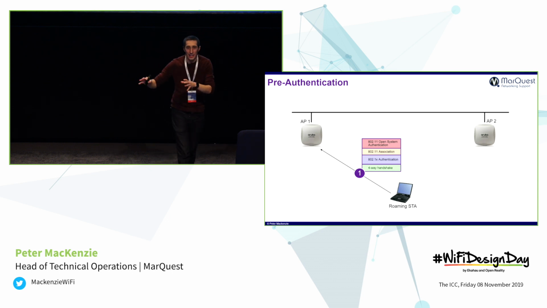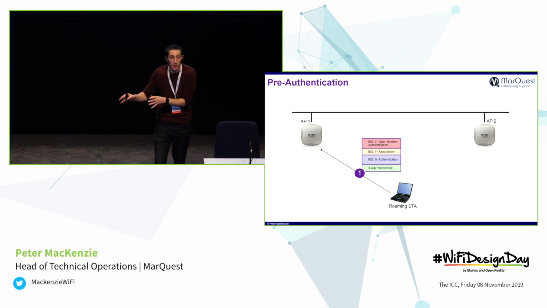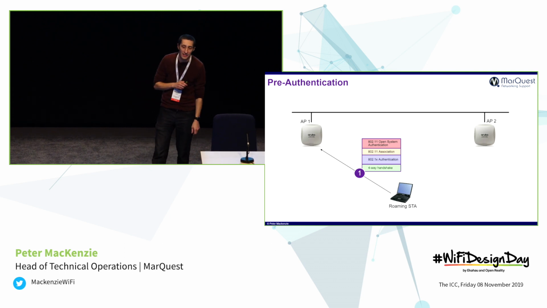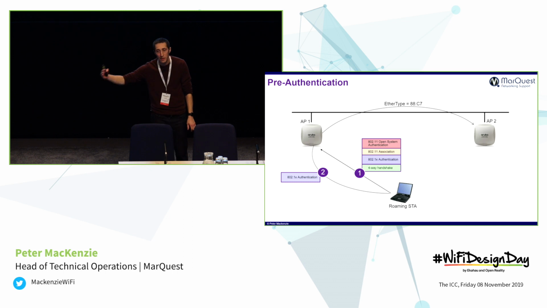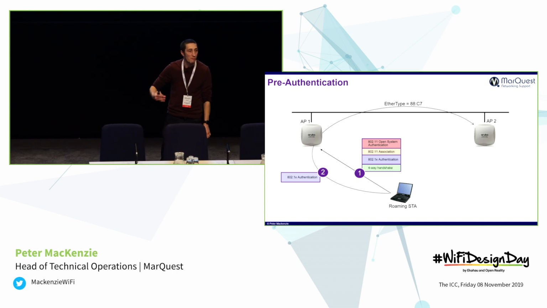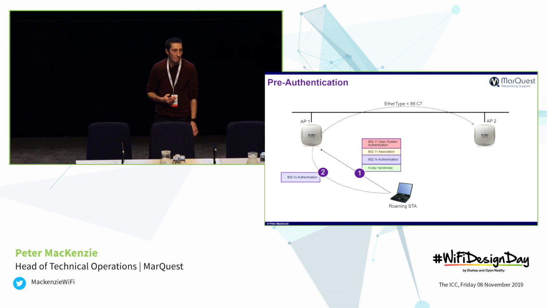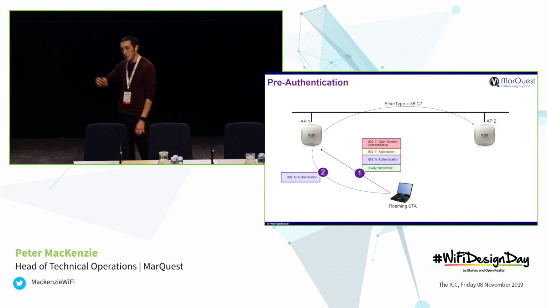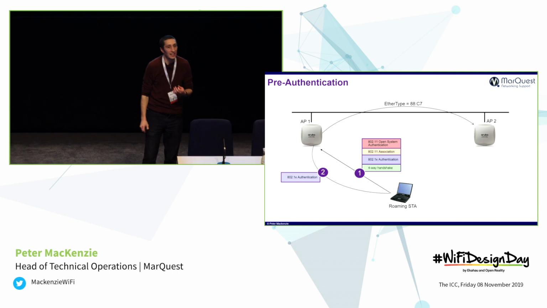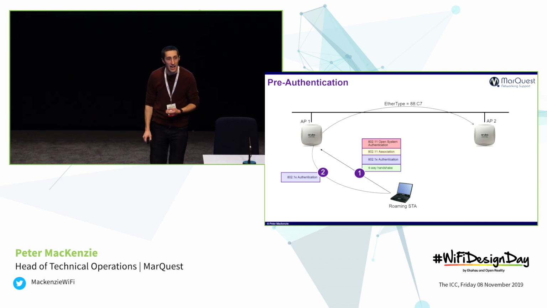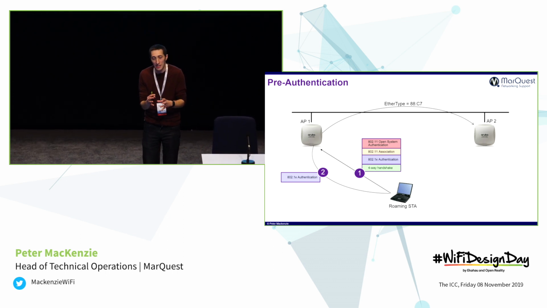I've identified it as a candidate AP I may roam to. So while it's connected to AP1, it does an 802.1x authentication with the candidate AP prior to roaming. So it sends all the packets through AP1 to AP2. What does that allow it to do? It allows it to cache this pairwise master key for AP2.